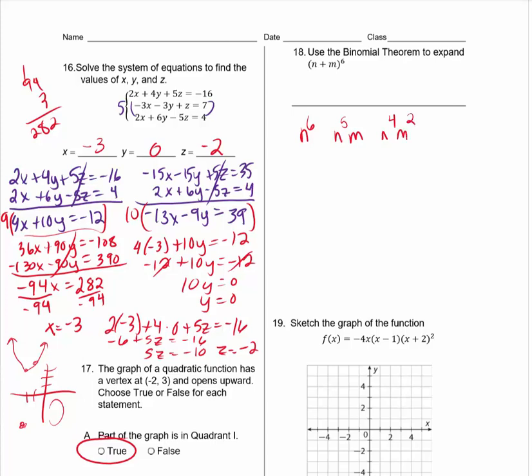So as our n's are going down, our m's are going up, and all along the way, our exponents are going to add together to get 6. And so then we've got n squared and an m to the fourth, a regular n, an m to the fifth, and then an m to the sixth.